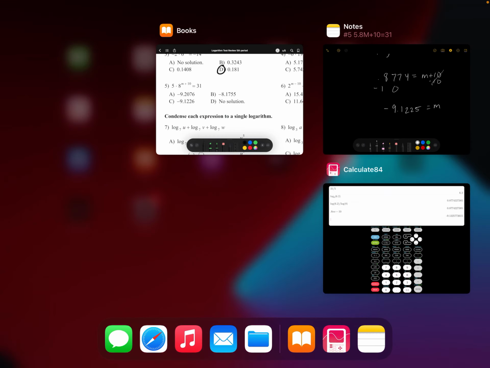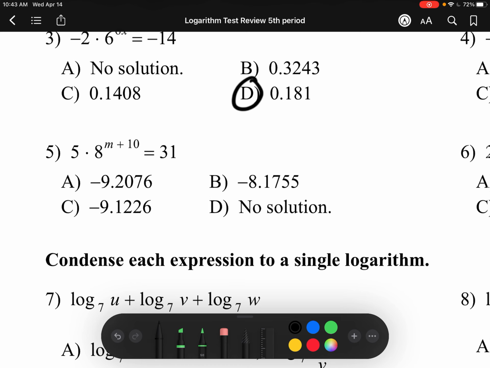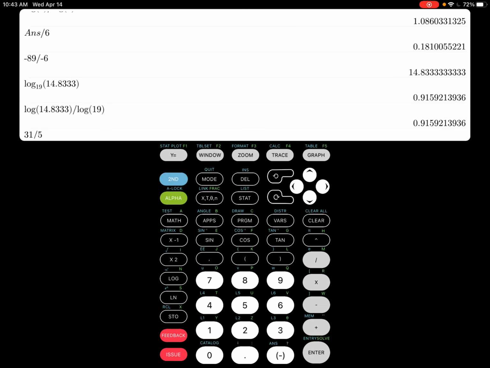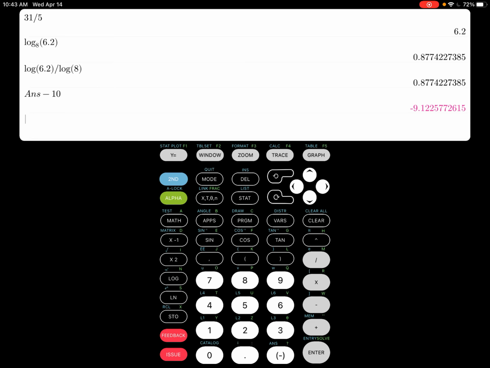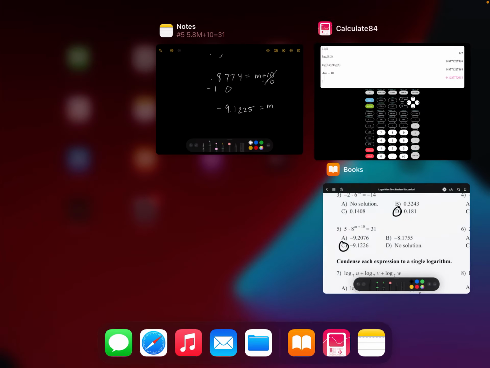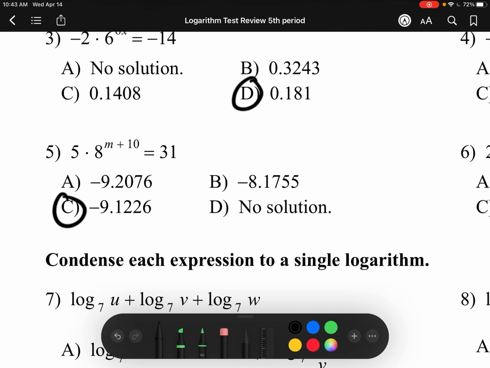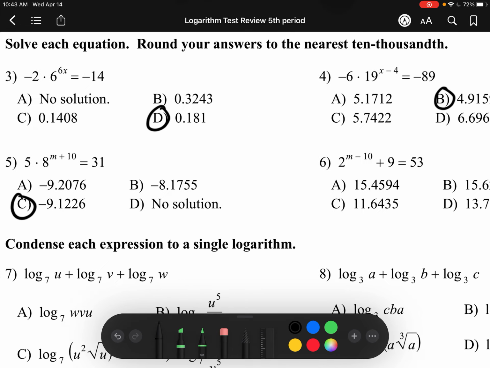You're going to go back to your test. Negative 9.1226. And it is because they are rounding. So you see how the fifth digit is a 7, so you round that 5 up to a 6. So the answer to number 5 is C.